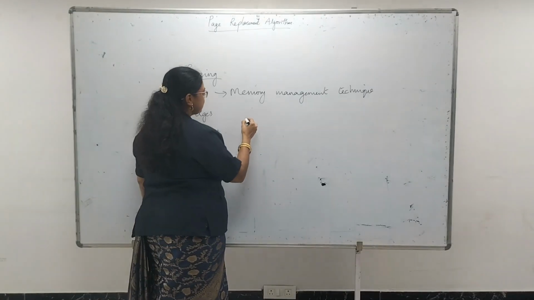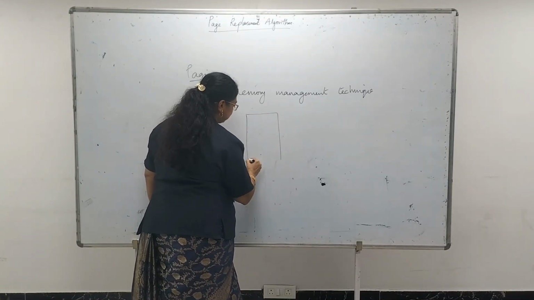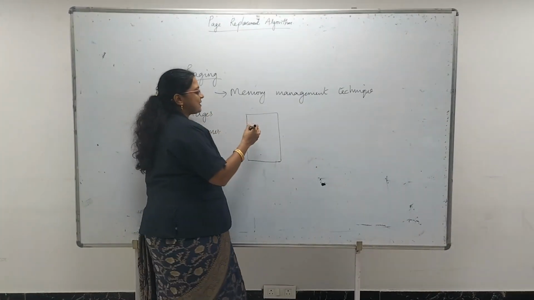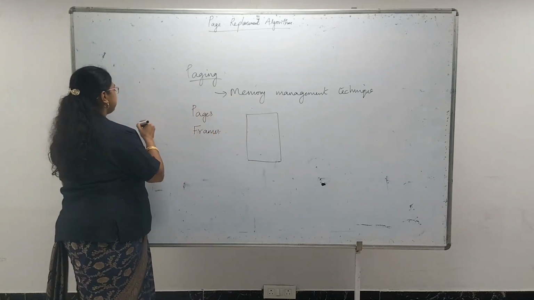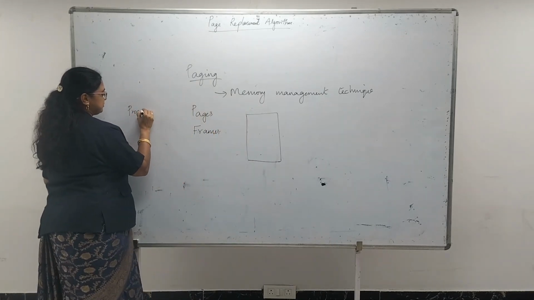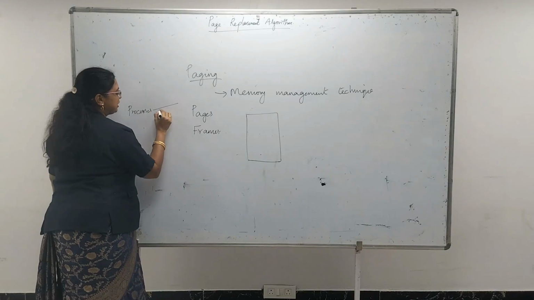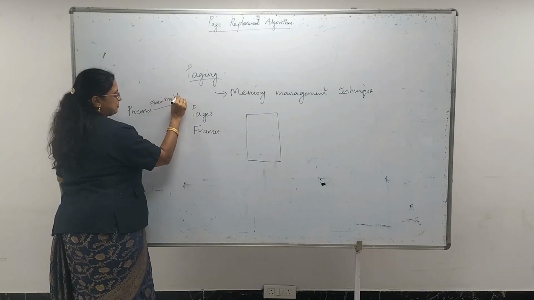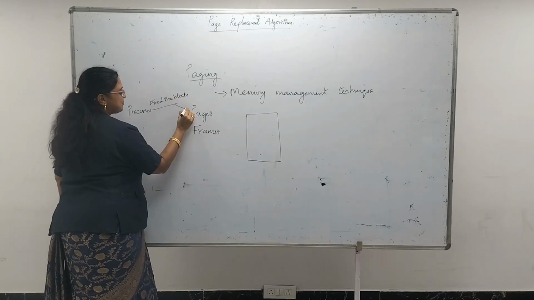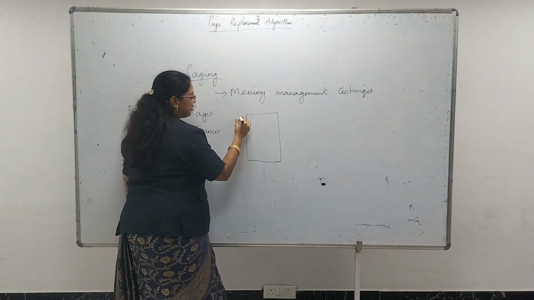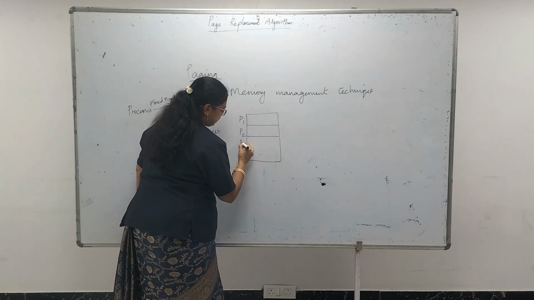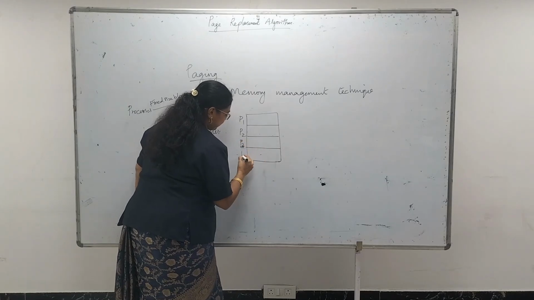Each and every process is split up into fixed size blocks. These fixed size blocks are known as pages, that is P1, P3, P4.